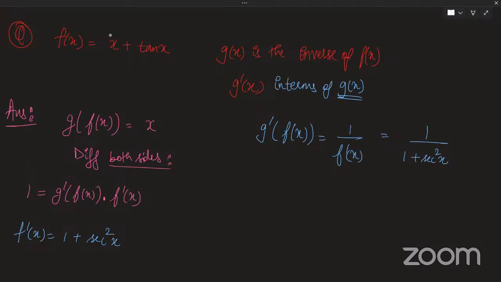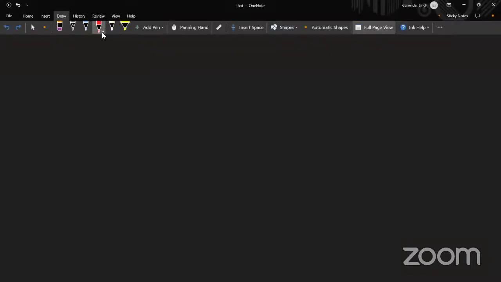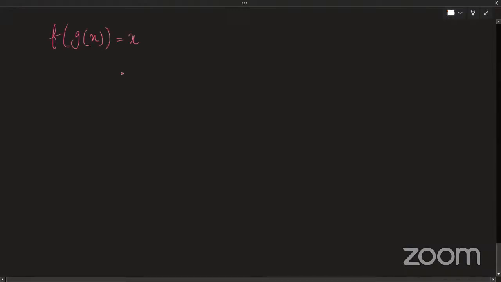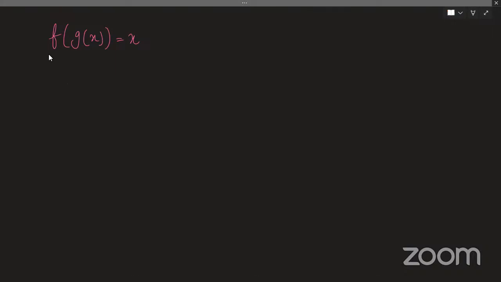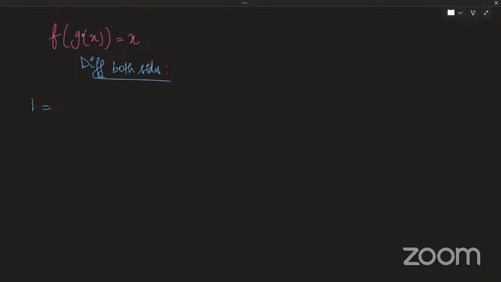Okay, so let us try one more method. So obviously this thing is correct, g of f of x is x. Now let us try the other way around. This thing is also true: f of f inverse of x is also x. Now I ask you to differentiate both sides. Tell me, what is the derivative of f of g of x?